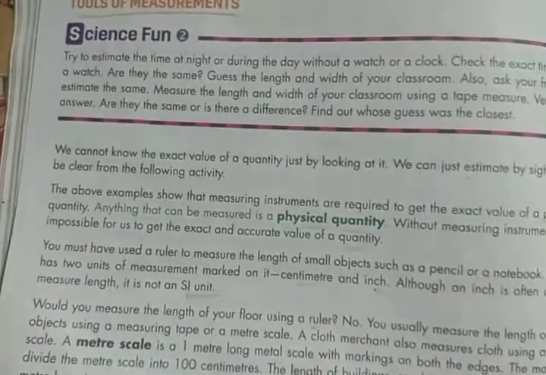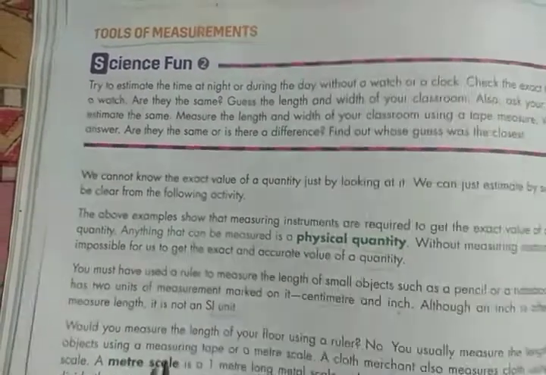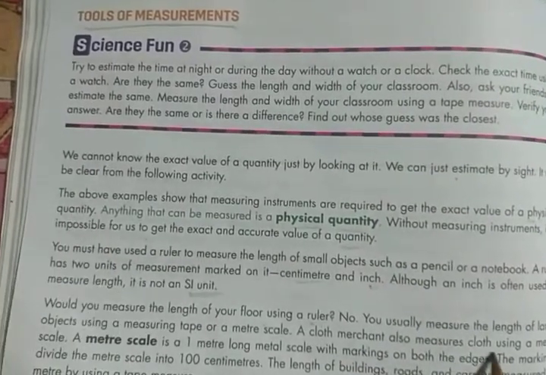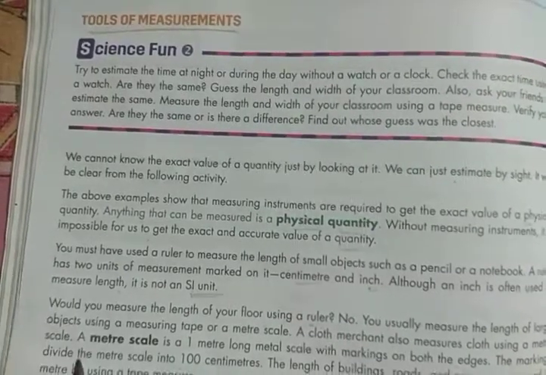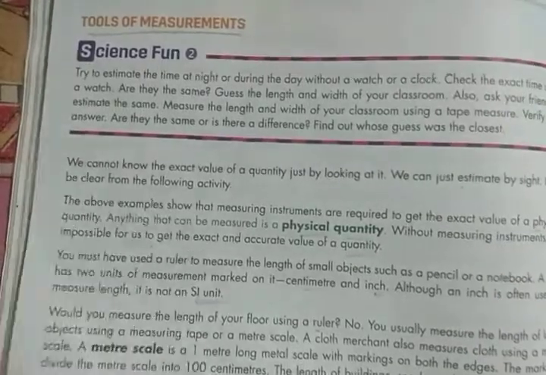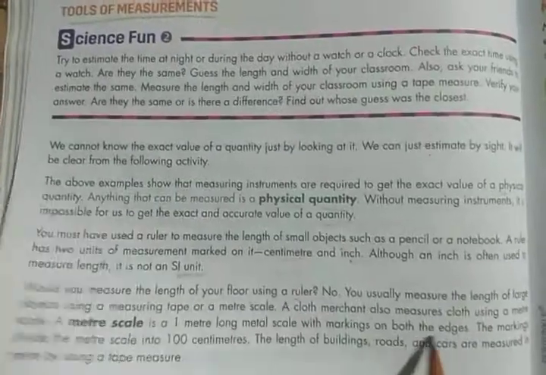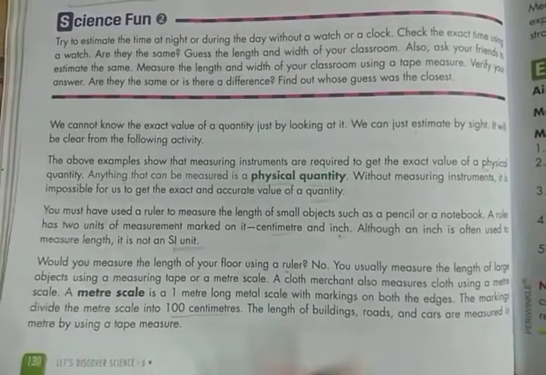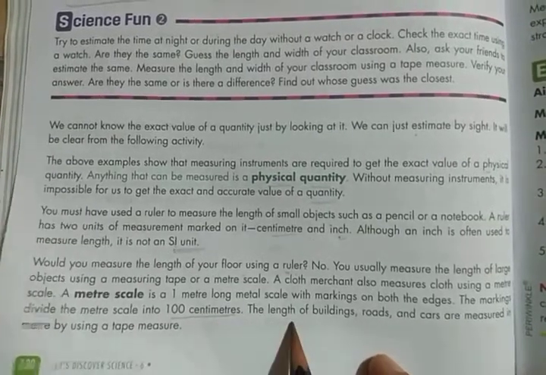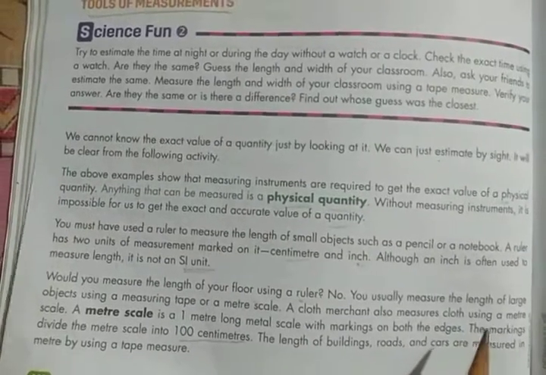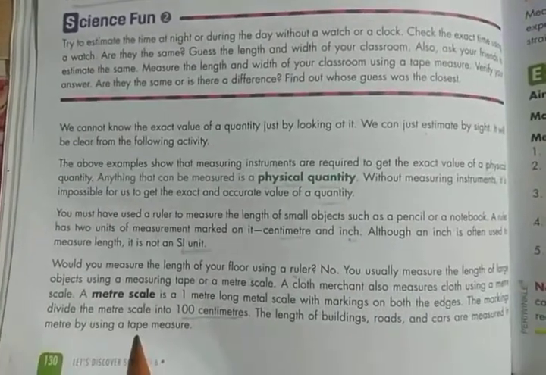So we usually measure the length of large objects using a measuring tape or a meter scale. A cloth merchant also measures cloth using a meter scale. A meter scale is a 1 meter long metal scale with markings on both the edges. The markings divide the meter scale into 100 centimeters. The length of buildings, roads and cars are measured in meters by using a tape measure.